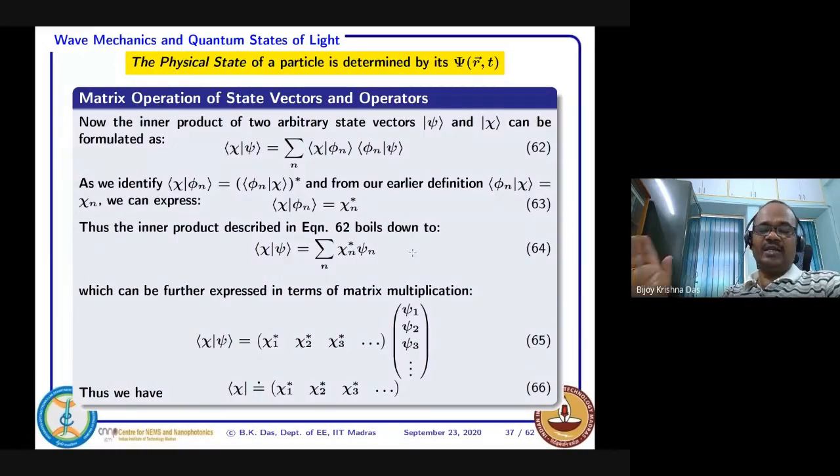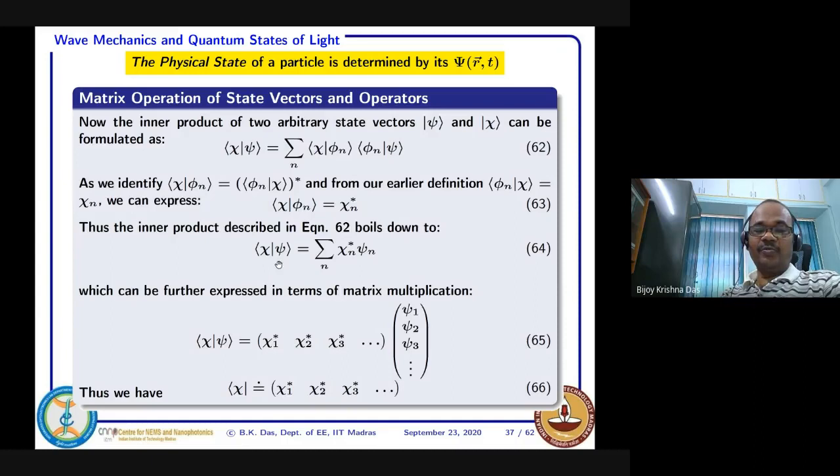This is a series. That's a sum, right? So 62 is the inner product of chi and psi, and ultimately it comes out like this. You can remember that if A and B are two vectors in 3 dimensions, then the dot product is AX BX plus AY BY plus AZ BZ. You get a similar thing if you have n-dimensional basis vectors.